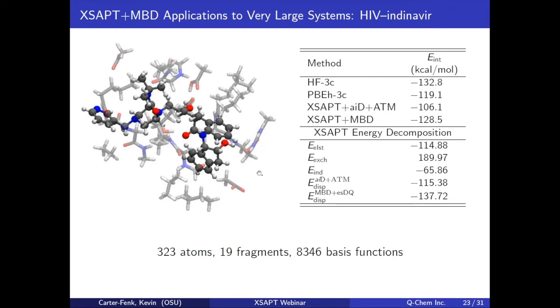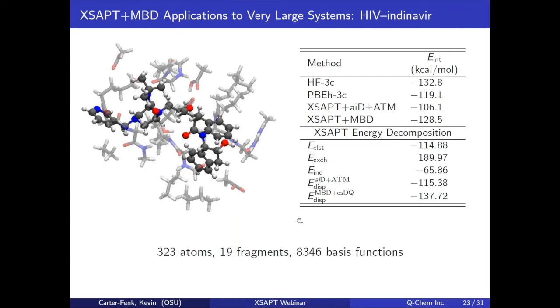But we were able to apply a triple zeta quality basis to this system with the XSAPT plus MBD procedure, and we get a result that is within the ballpark of these semi-empirical methods that were applied. So we have HF-3c and PBEh-3c results. And insofar as those are accurate, the XSAPT plus MBD comes quite close.